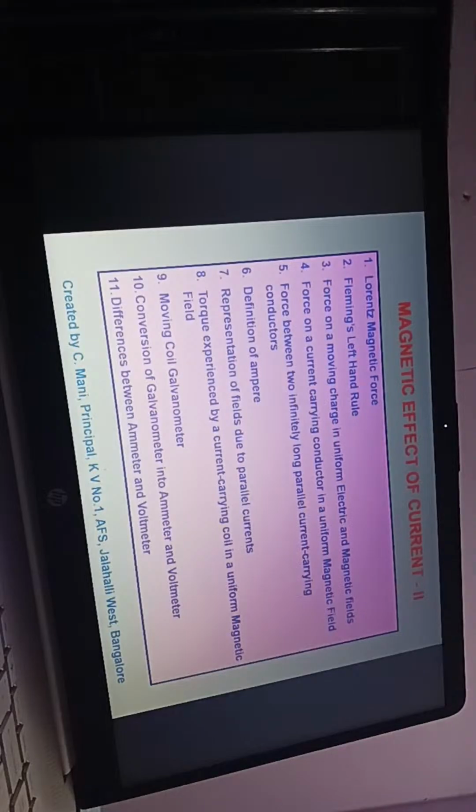One second, sir. 1 ampere is that current which, when flowing in two parallel conductors kept at a distance of 1 meter, generates a force per unit length equal to 2 into 10 to the power of minus 7 Newton per meter.